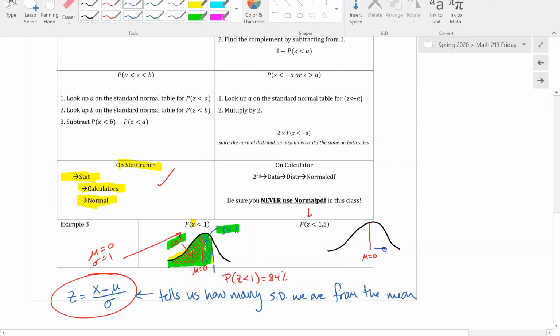I know to the right is positive z-scores and to the left is negative z-scores, aka standard deviations, right? Don't forget, this is just saying 1.5 standard deviations, and because it's positive, it's above or to the right of the mean. So if there's 1 standard deviation, maybe there's 1.5 standard deviations.